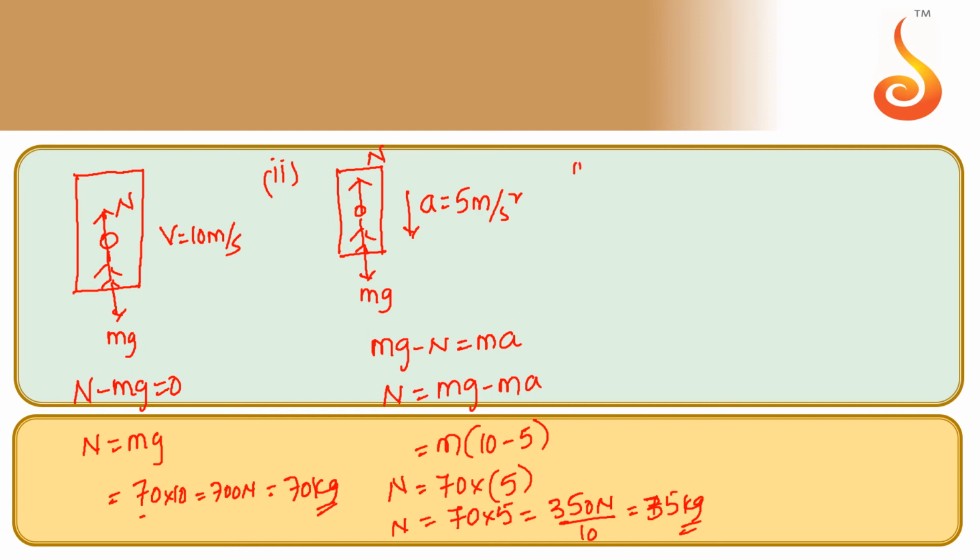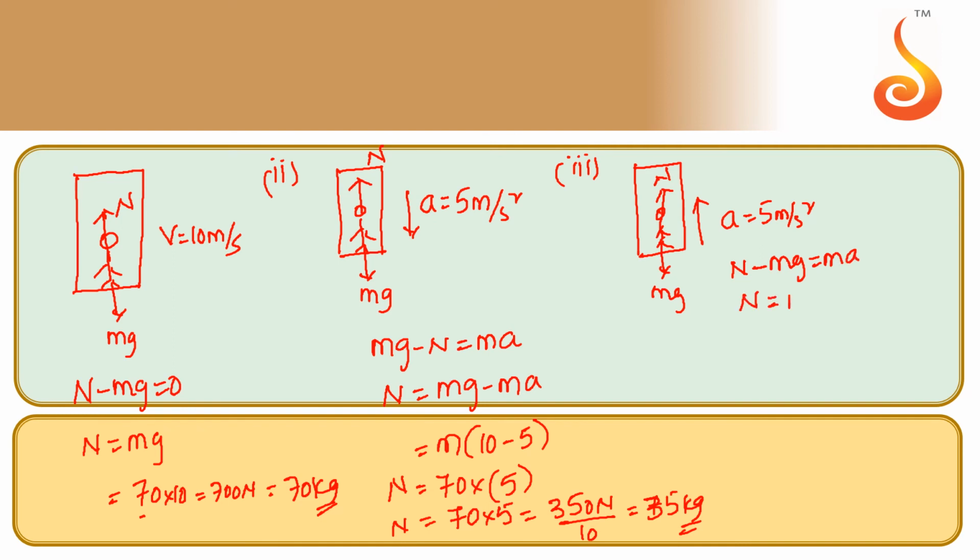And third case, the lift is going upward with acceleration a. So the man is inside the lift and the lift is going upward with acceleration 5 meter per second square. Then what will be the reading? So of course his weight will act downward and normal will act upward. Since the lift is going upward, upward force is greater than downward force. That means normal minus mg is equal to ma. Therefore normal is equal to m times g plus a.